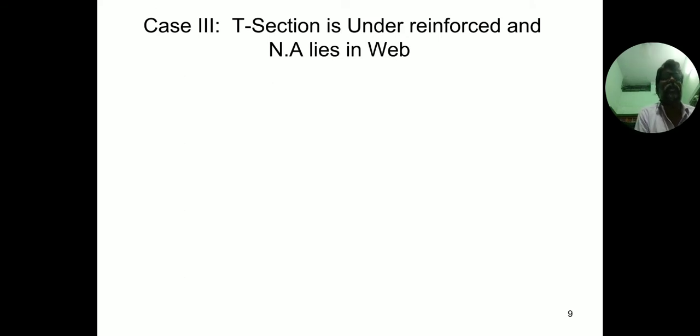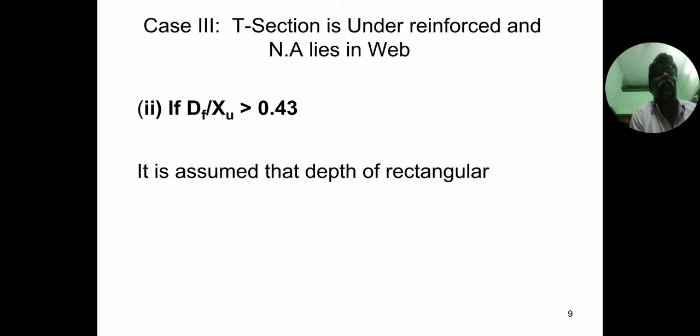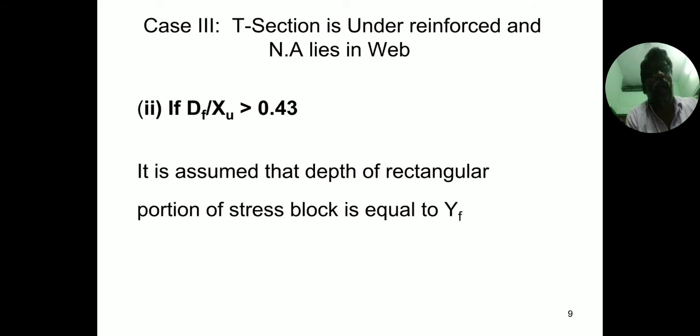T section is under reinforced, neutral axis lies in the web, and df by xu is more than 0.43. Case 3, more than 0.43. Assume depth of rectangular portion of the stress block equal to Yf.